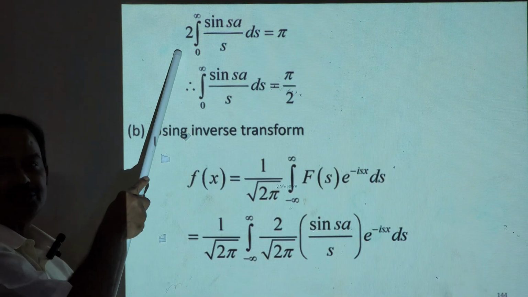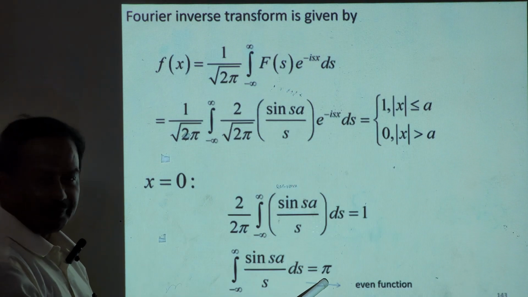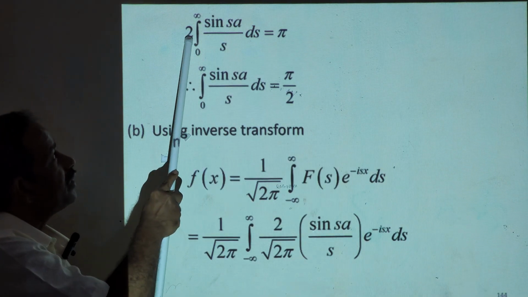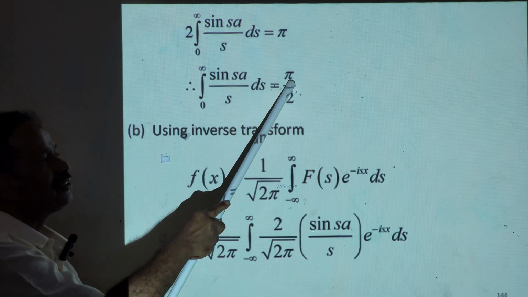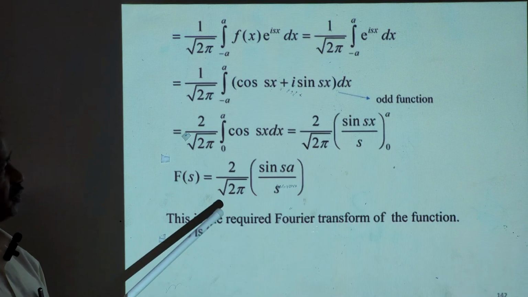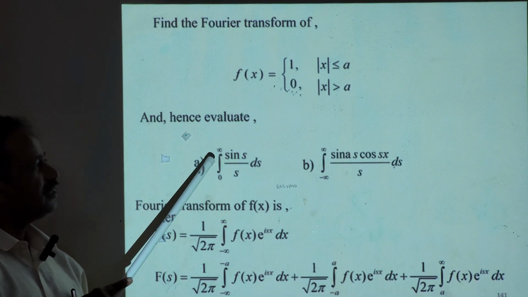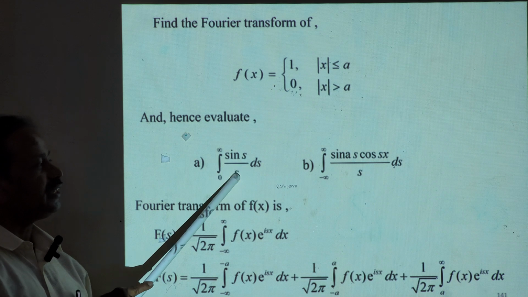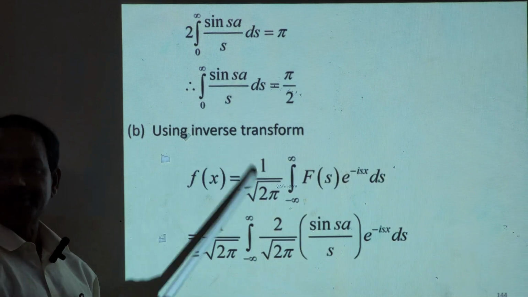So 2 times the integral from 0 to infinity of sin sa by s ds equals pi. Bringing the 2 to the right, the integral from 0 to infinity of sin sa by s ds equals pi by 2. This is what was asked in the problem: evaluate the integral from 0 to infinity of sin s by s ds. The answer is pi by 2.